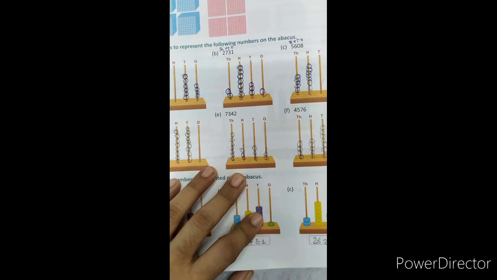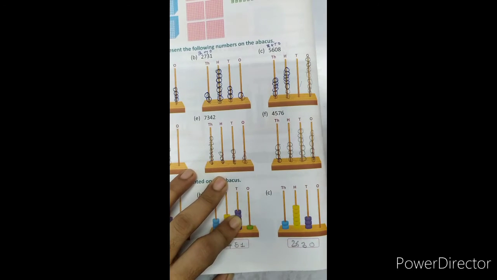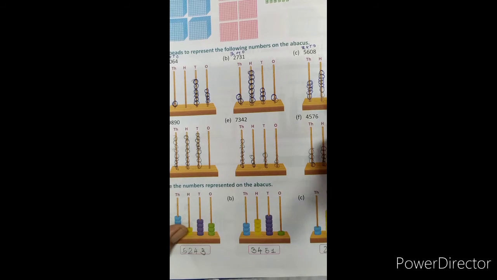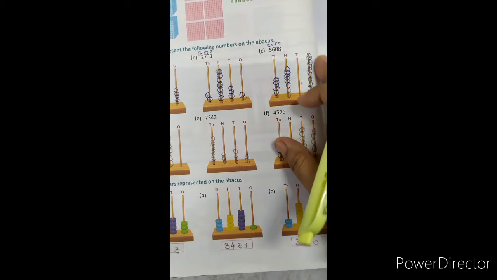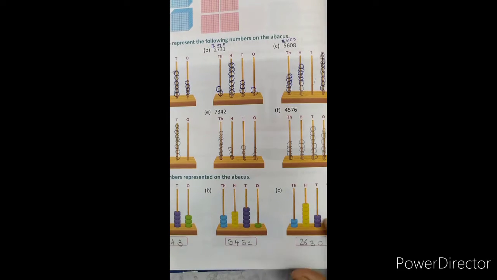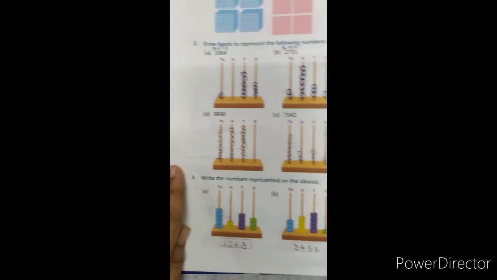And then in the ones position you have 8 beads, so draw 8 beads: 1, 2, 3, 4, 5, 6, 7, 8. Try to draw the beads from downwards because it will be easy for you.